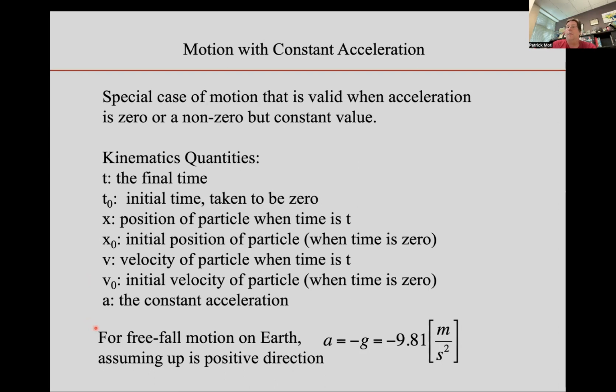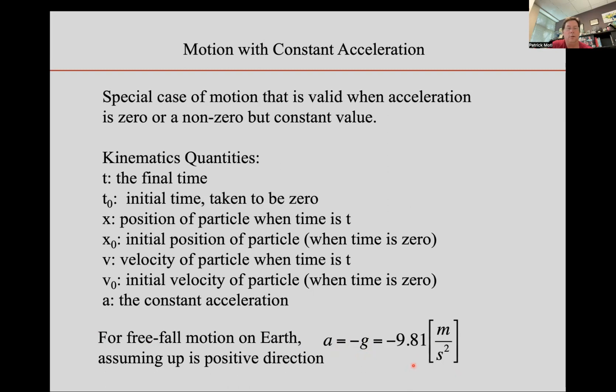When we are talking about motion where the only relevant force is the force of gravity, that means we are talking about free fall. If we take your book's convention where up is the positive direction, then the acceleration for free fall on Earth is going to be a is equal to minus lowercase g, and that g stands for 9.81 meters per second squared, the acceleration due to Earth's gravitational field at the surface of the Earth. 9.81 is an average over the surface of the Earth.